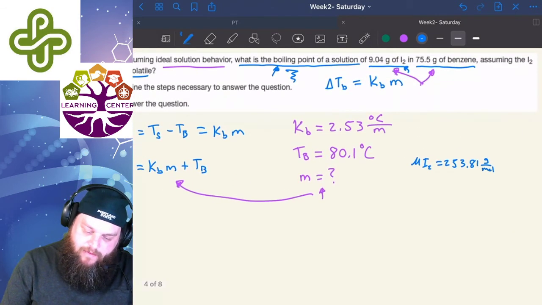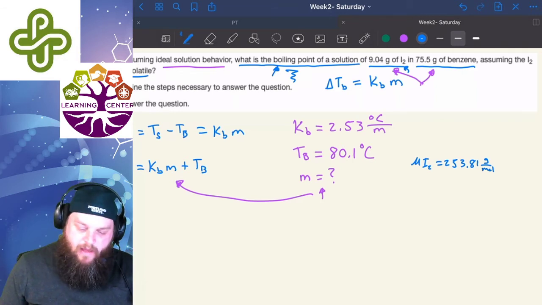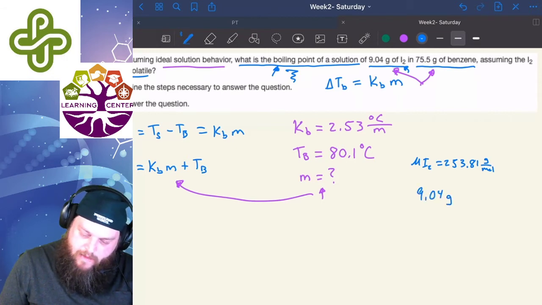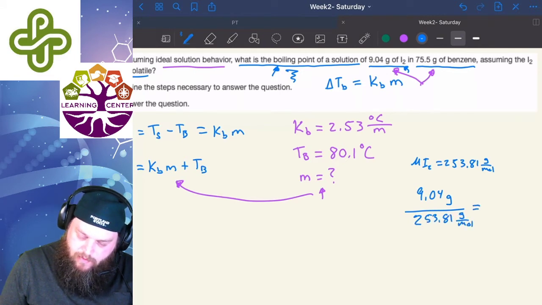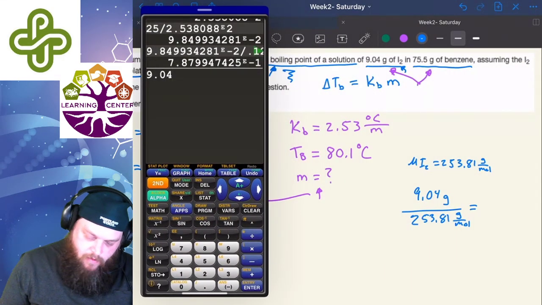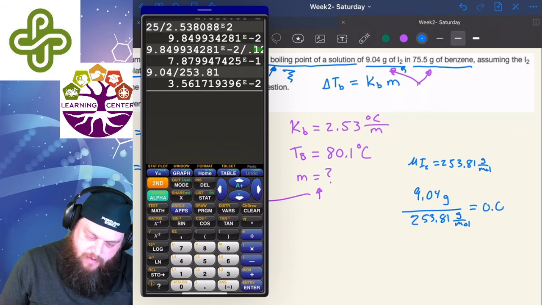So then we have to find out, well, how many moles of I2 do we have? So that's 9.04 grams of that divided by 253.81 grams per mole to get moles. 9.04 divided by 253.81 is equal to 0.0356.